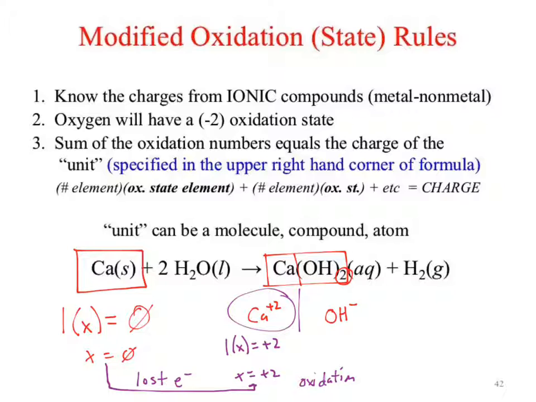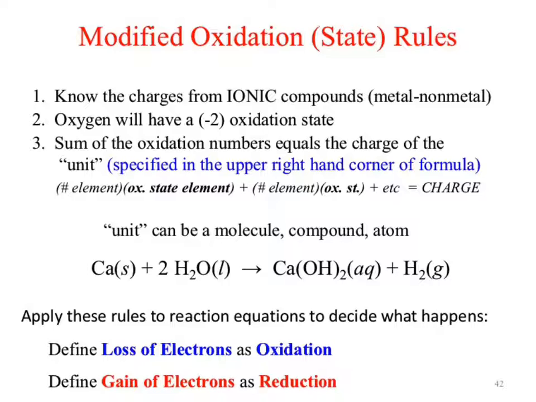So we have to expand our definition from just looking at the oxygens to now also looking at the change of electrons. That's our loss of electrons and gain of electrons. Okay? So we can define the loss of electrons as oxidation, and we can define the gain of electrons as reduction. Okay? Leo says Ger.